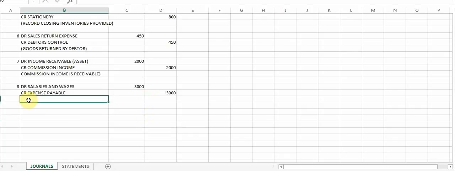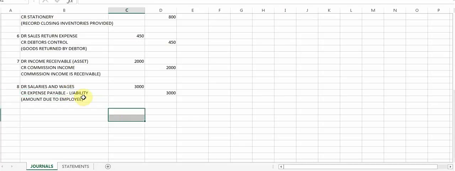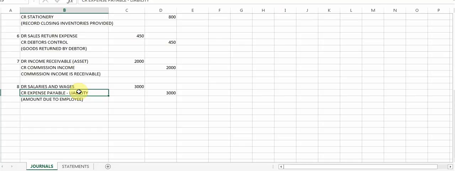I'm just going to write there amount due to employee. And the expense payable is, of course, a liability account. Why? Because this is an amount that is still payable. So it's an amount that I owe to someone, very similar to a creditor. So therefore it should be a liability.